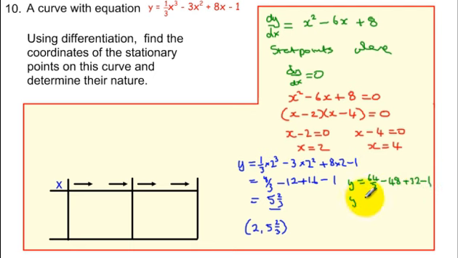And this gives us that y is equal to 4 and 1/3, giving us our second stationary point, (4, 4 and 1/3).